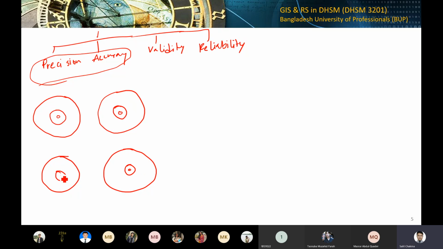We want to hit the bullseye. Then people started shooting. Some person got very close to the bullseye. Some person got a little bit off the bullseye. Some person got scattered, and some person got really scattered. Some person missed some of the shots.